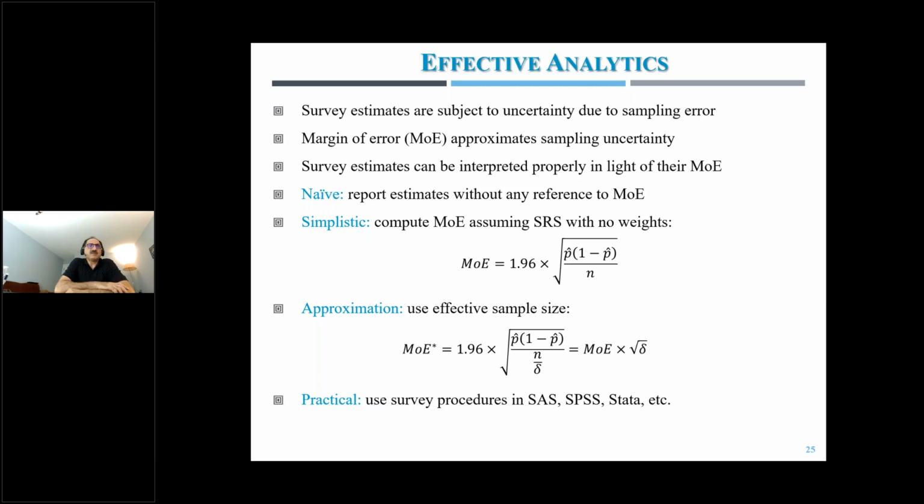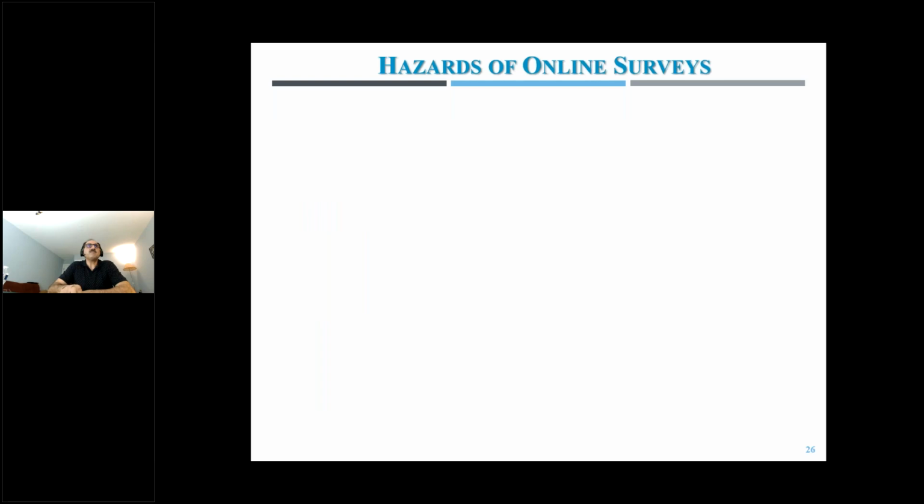Better yet, rely on software packages that have procedures developed specifically to deal with weighted data. If you're a SAS user, SPSS user, or whatever, there are specific procedures designed for working with weighted data.